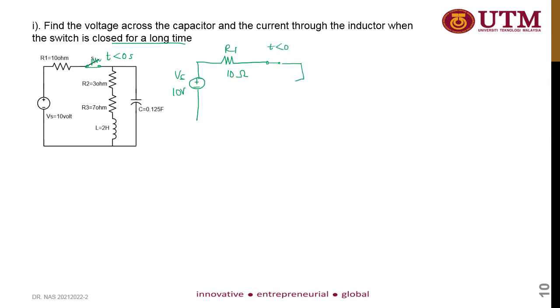Then you have your resistor R2 equal to 3 ohm, and R3 equal to 7 ohm, and you have the inductor. When the switch is closed for a long time, in steady state condition, the inductor appears as a short circuit while the capacitor appears as an open circuit.